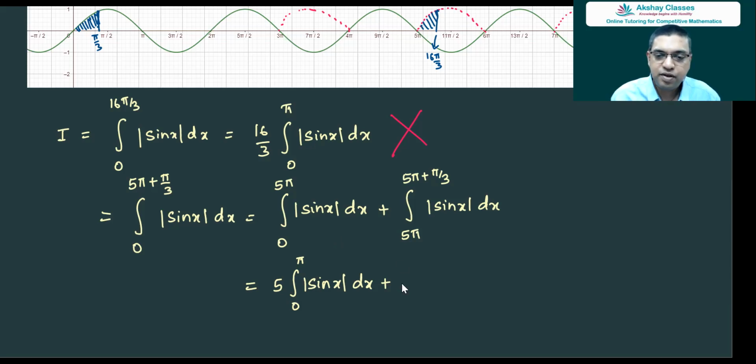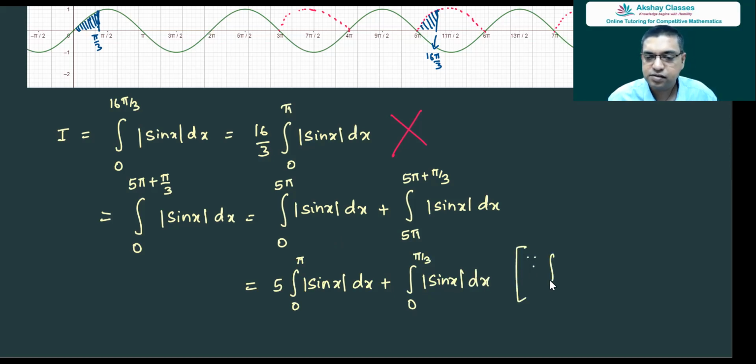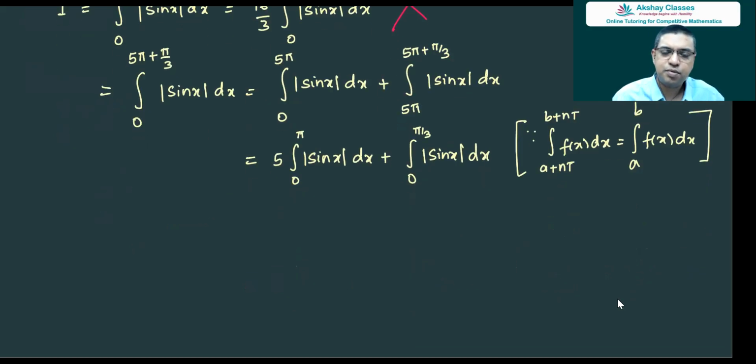So we will write this as integral 0 to pi by 3 of modulus of sin x dx. Okay. This is the property we have used. Of course, it's not just a property, it's common sense that we apply with periodic functions.